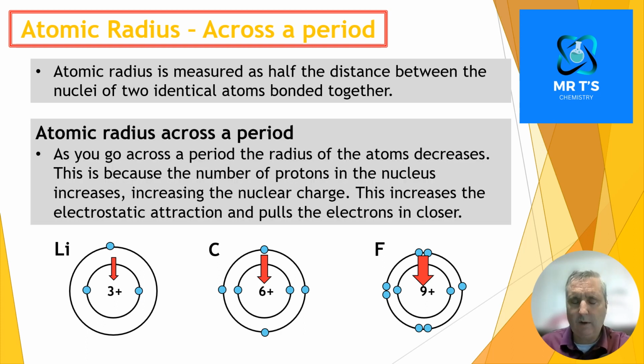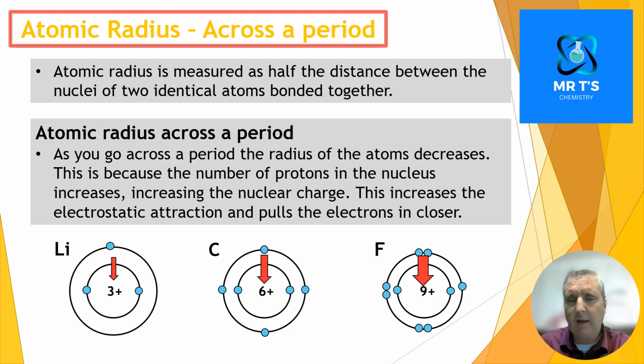Now, if we go across a period, here I'm going from lithium, across the second period from lithium to carbon to fluorine, what actually happens is we keep the same number of energy levels. We have a first energy level and a second energy level in all three atoms.